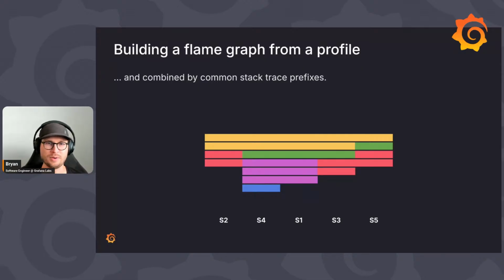At this point, you can already see, even with these 5 stack trace samples, that we're starting to get to an object that approximates a flame graph. And you can imagine, as we add more samples, that this visualization will only become more similar to a flame graph.